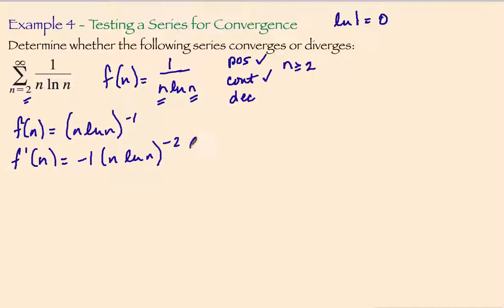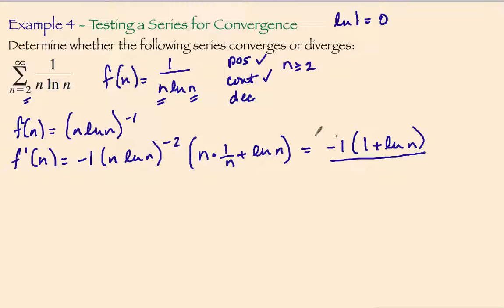So this is going to be times n times the derivative of natural log of n, which is 1 over n, plus the natural log of n times the derivative of n, which is 1. This simplifies to the negative 1 times n over n is 1 plus natural log of n, that's my numerator, over the quantity n natural log of n squared.